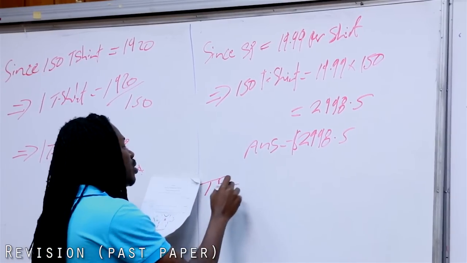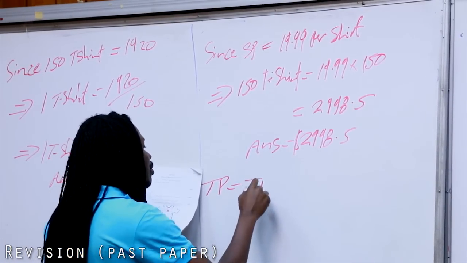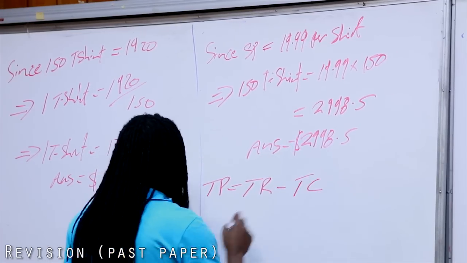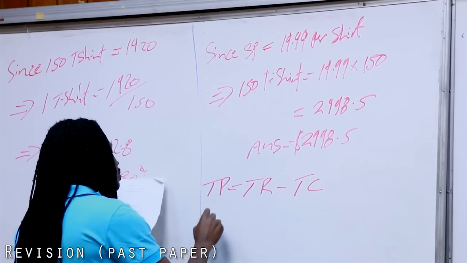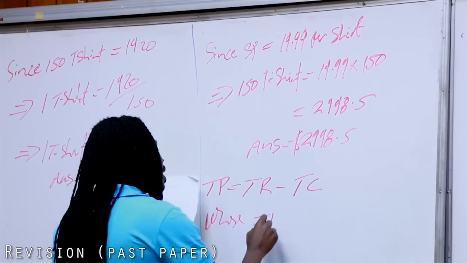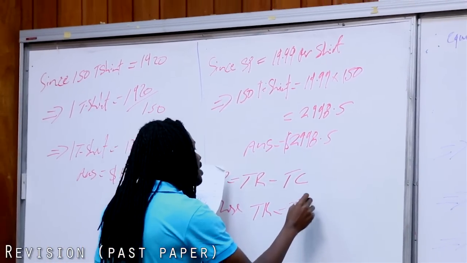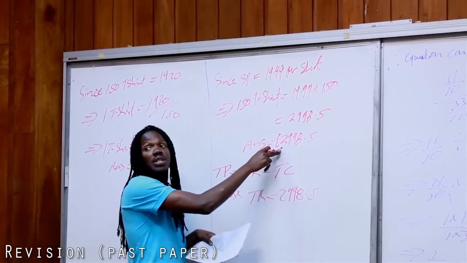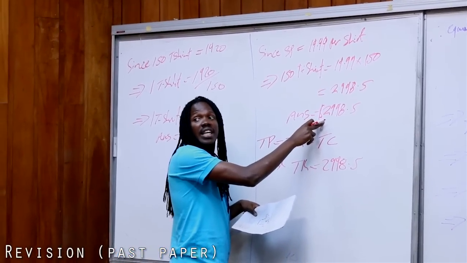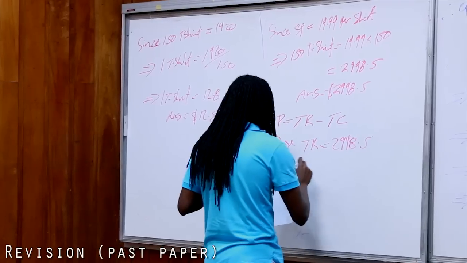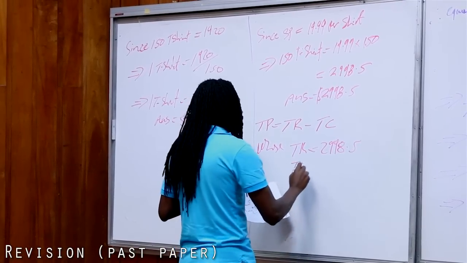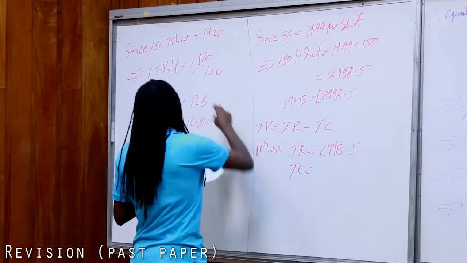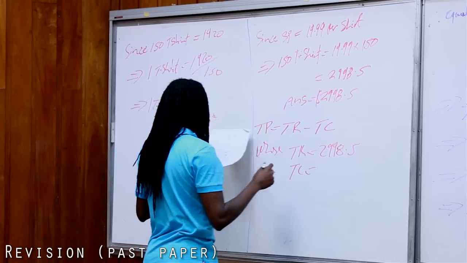Total profit equals total revenue minus total cost, where total revenue equals 2998.5, because this is our total revenue, the amount you sell times the sales price, and total cost equals, how much was total cost again? 1920.